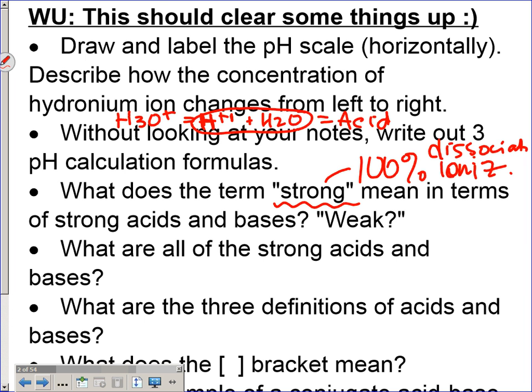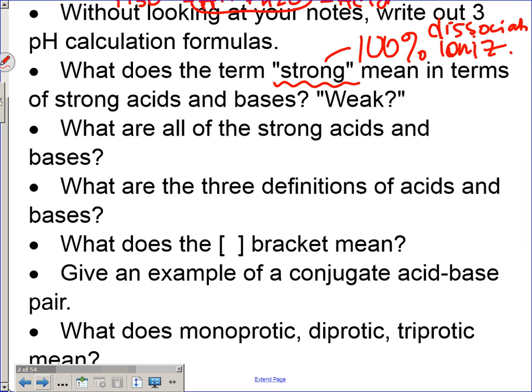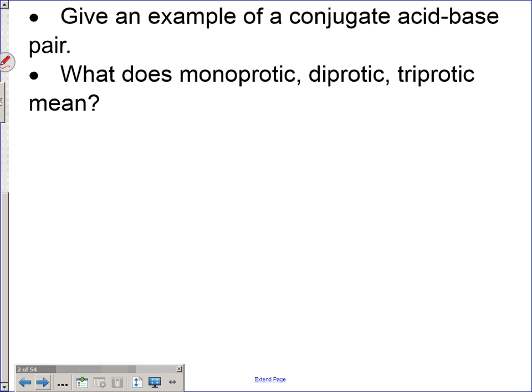You wrote down your 6 strong acids. And strong acids don't necessarily mean that they're going to burn your hands off. It doesn't mean it's going to be destructive. It just means literally that it has the ability to ionize 100%.